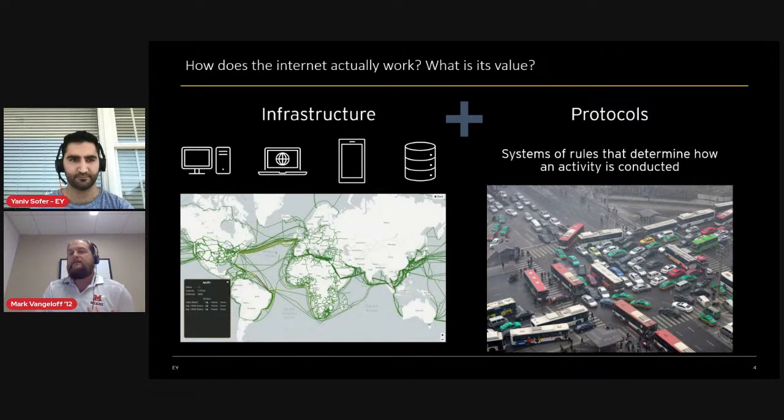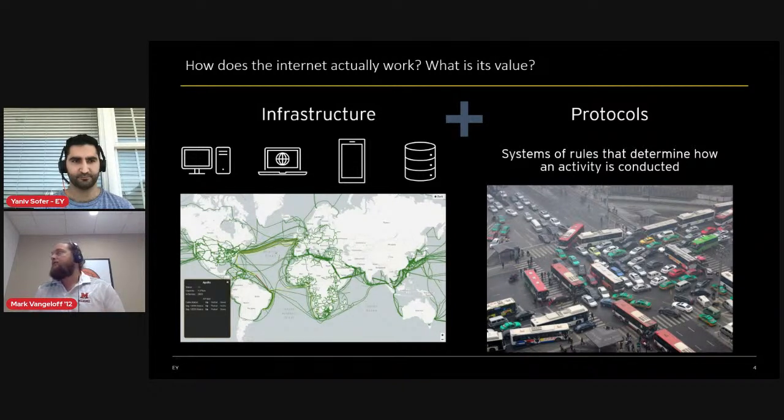You get physical infrastructure, consisting of fiber optic cables, as you can see from the map on the slide, constructed across oceans, over mountains, underground, basically all over the world. This infrastructure is subsidized by companies like Google as part of their business model. And then working in tandem and sitting on top of that physical infrastructure, you have devices like servers and routers that help direct communications across the internet.